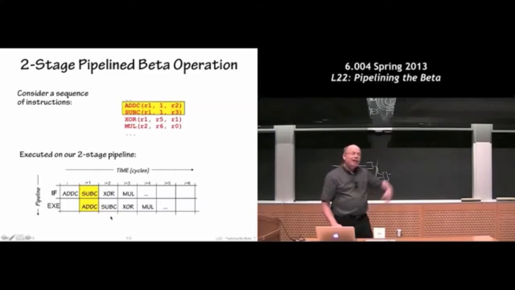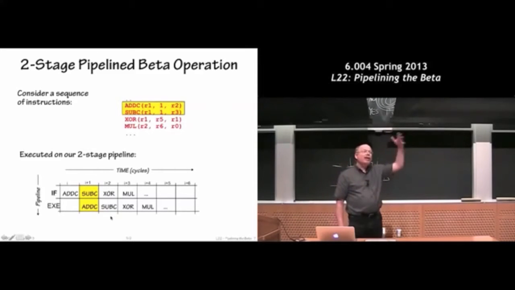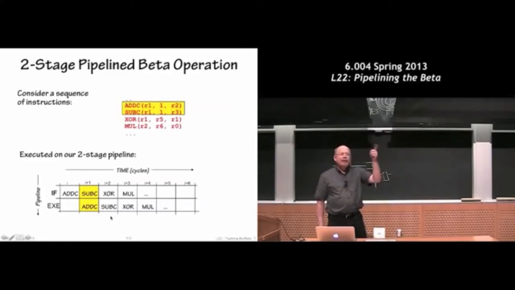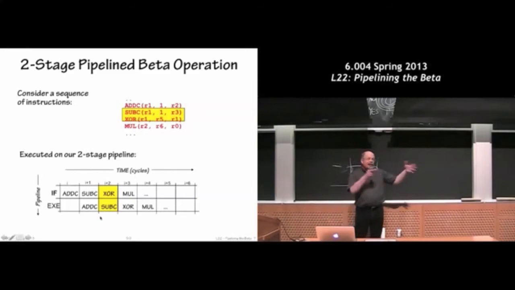Notice that instructions basically move diagonally through the diagram. As the instruction goes through stage by stage, in other words moving down row by row in a pipeline diagram, that motion happens one stage per clock cycle, so the instruction effectively just marches diagonally down in our pipeline diagrams. If all goes well, with a 5-stage pipeline we would have 5 different instructions all being executed in different stages, all in the same clock cycle.